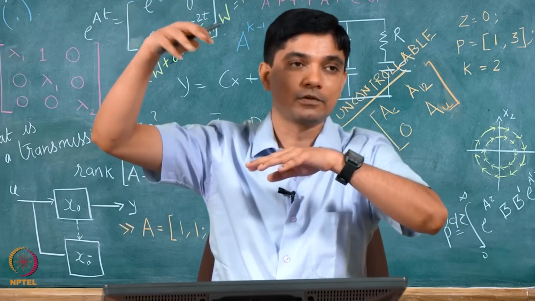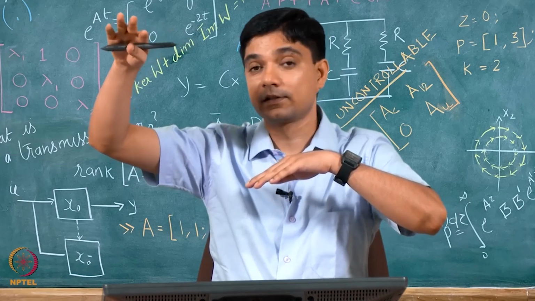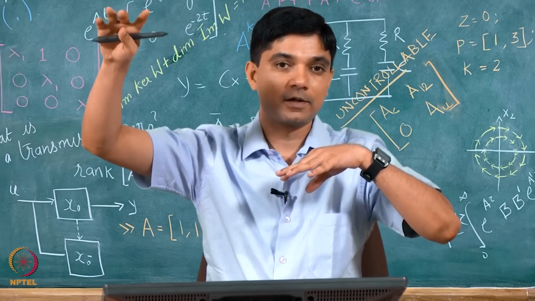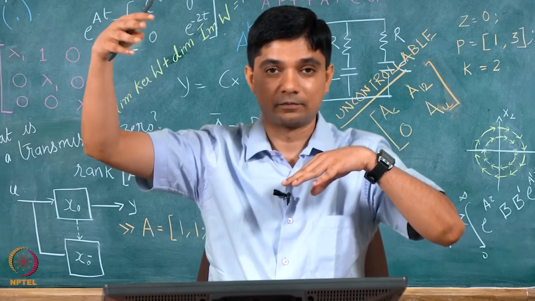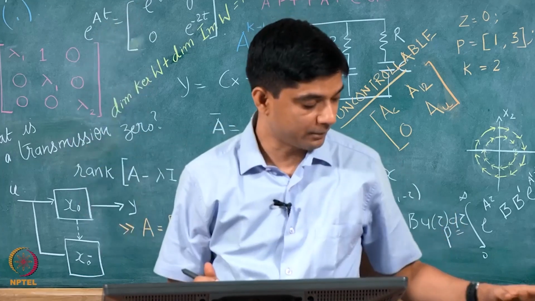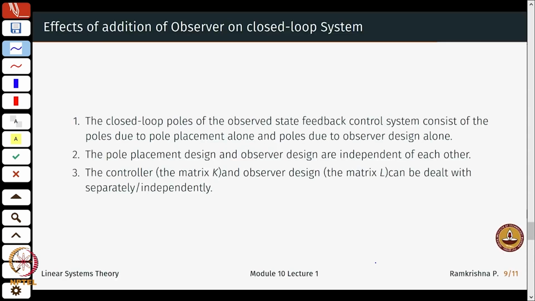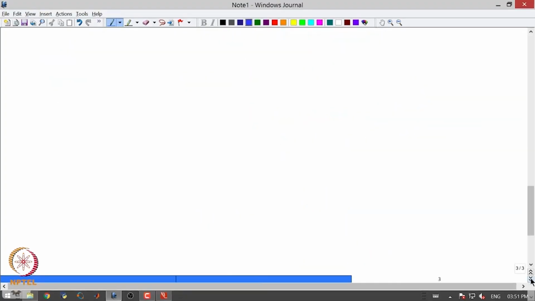Does it also interfere in the poles of my original system of A minus Bk? Whatever I do with the observer should not really change my original design procedure. So, let us see what happens in that case. What is the effect of the addition of observer on the closed loop system? We will try to derive a few things here.